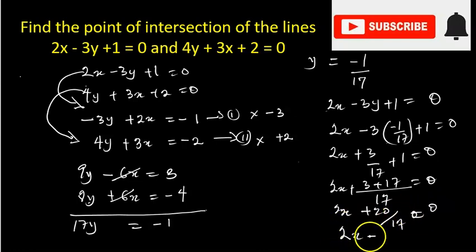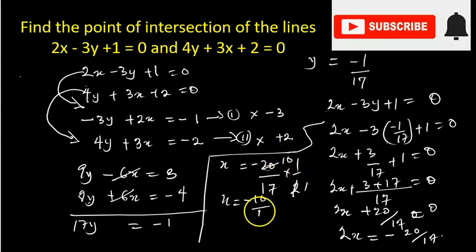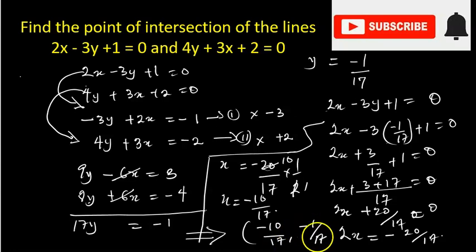Then 2x equals minus 20 over 17. This implies that x becomes minus 20 over 17 times 1 over 2. 2 here is 1, 2 here is 10. So x equals minus 10 over 17. So we can conclude that the point of intersection exists where x equals minus 10 over 17 and y equals minus 1 over 17.